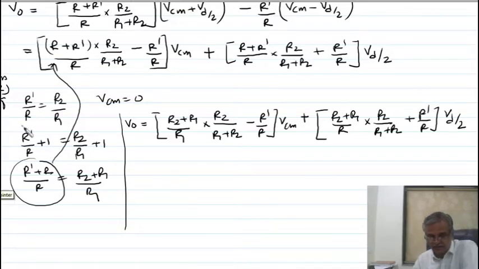Look carefully. This is what they have given. R dash by R is equal to R2 by R1, they have given. So I added 1 on both the sides.